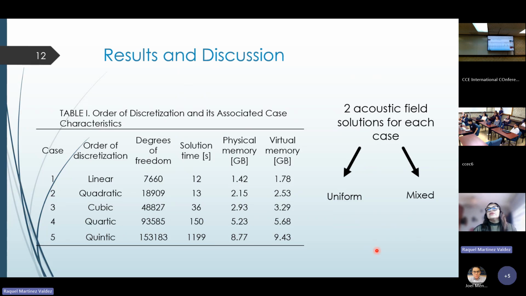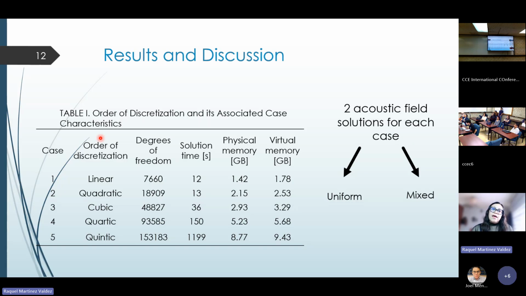So here are the results for the order of discretization. We had these five cases: linear, quadratic, cubic, quartic, and quintic. These are for the acoustic pressure that we are solving on the boundary of the transducer.